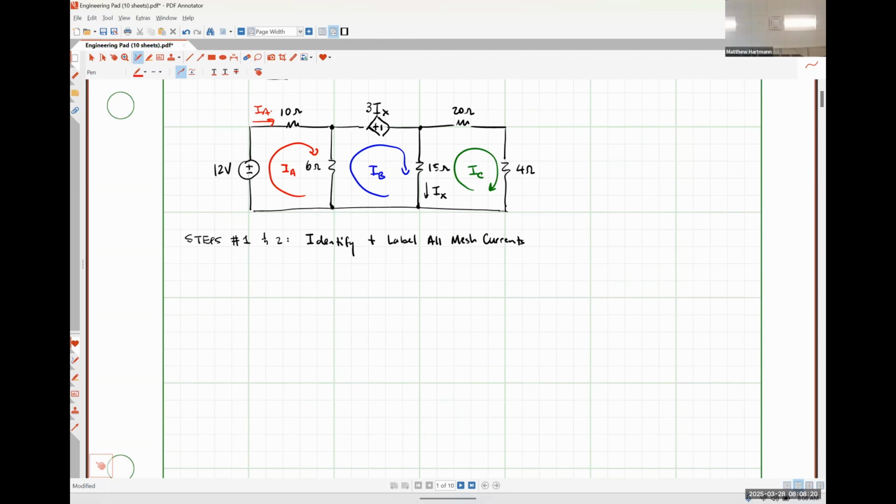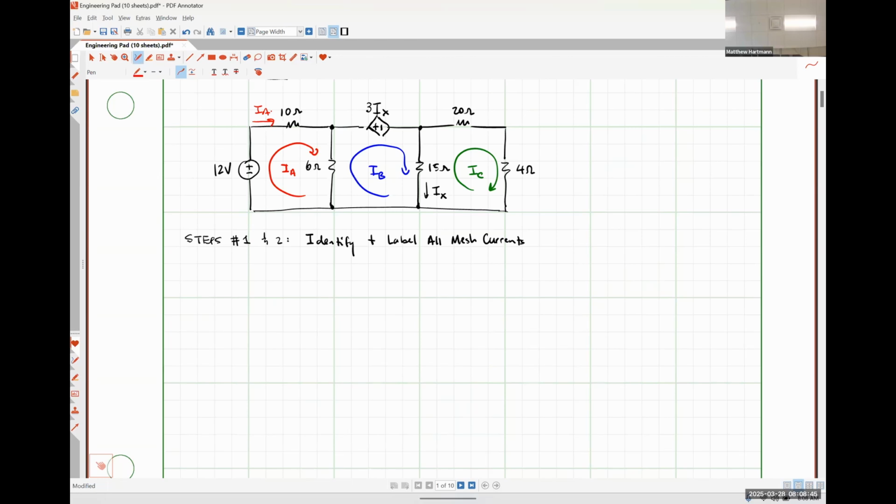And our mesh current IC would be the current that's flowing through the 20 ohm resistor from left to right, or through the 4 ohm resistor from top to bottom. Okay. Whenever we have these elements like the 6 ohm resistor and the 15 ohm resistor that are shared between 2 meshes, what we're going to see is that the total current that's flowing through those elements is going to be a combination of those mesh currents.